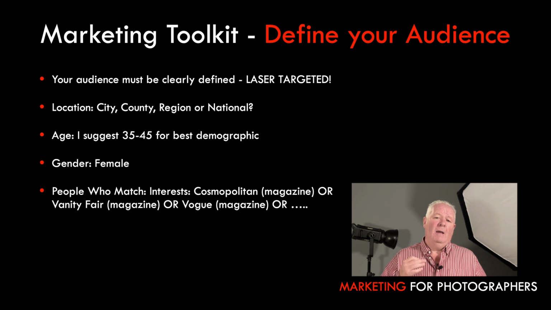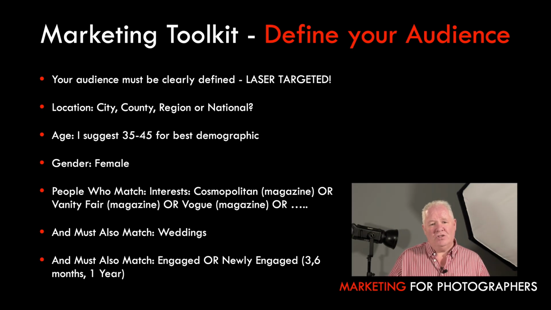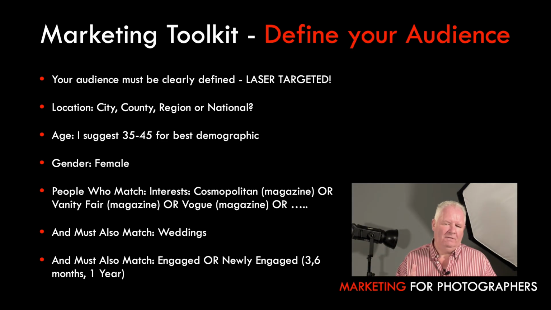So I was then narrowing my audience to pick up people who were reading magazines like Cosmopolitan, Vanity Fair, Vogue, that kind of thing. And obviously they must also match an interest in weddings, and they must also be a status of engaged or newly engaged. And you can actually pick out newly engaged 3 months, 6 months or a year on Facebook when you're doing the advertising settings.